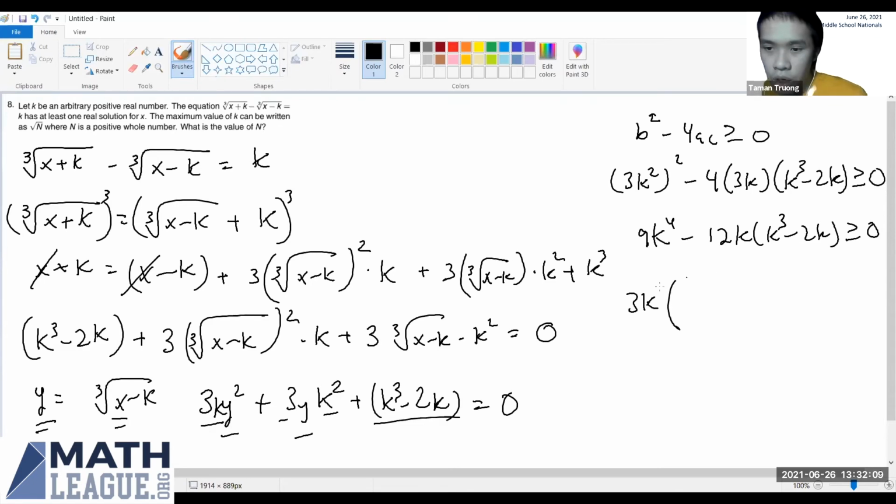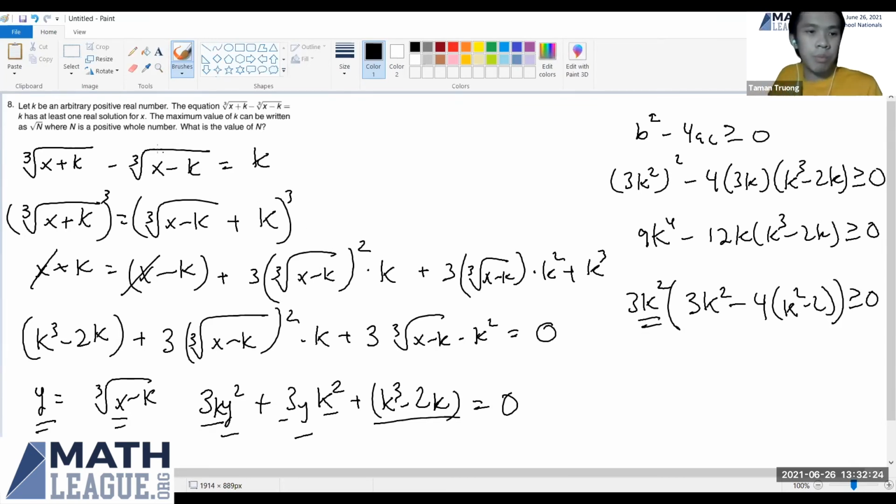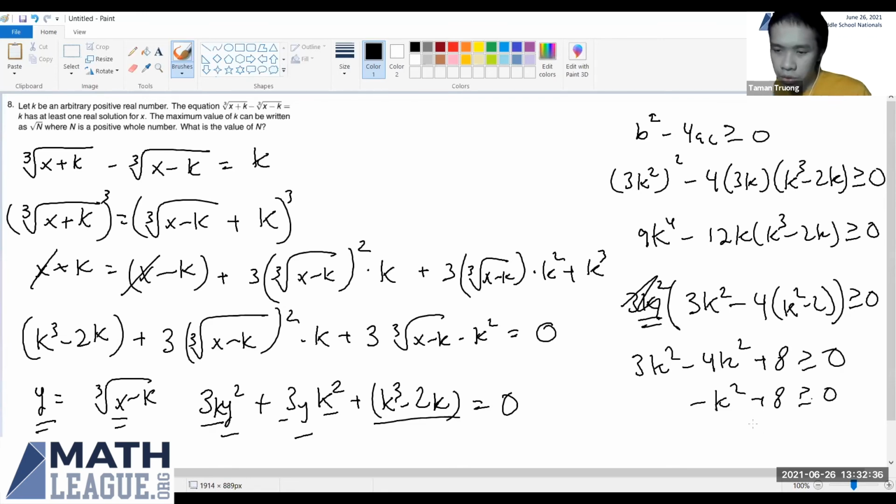We get 3k squared times 3k squared minus 4 times k squared minus 2. But k is positive, so k can't be 0, and we can safely eliminate this factor. We get 3k squared minus 4k squared plus 8 greater than or equal to 0, so negative k squared plus 8 is greater than or equal to 0.